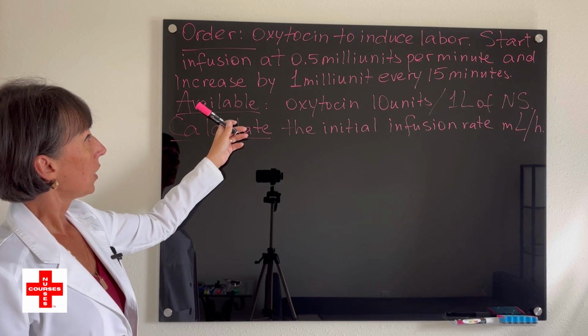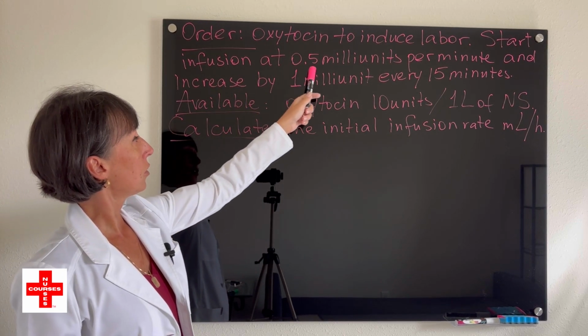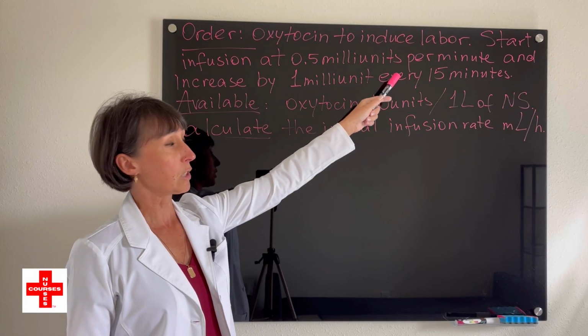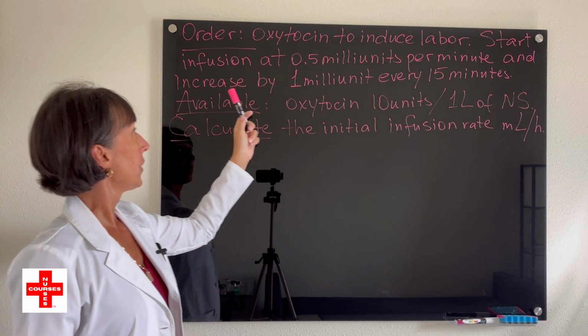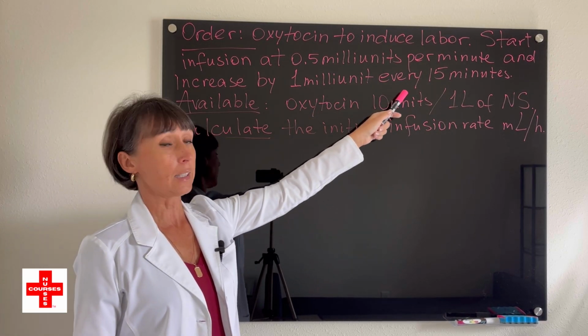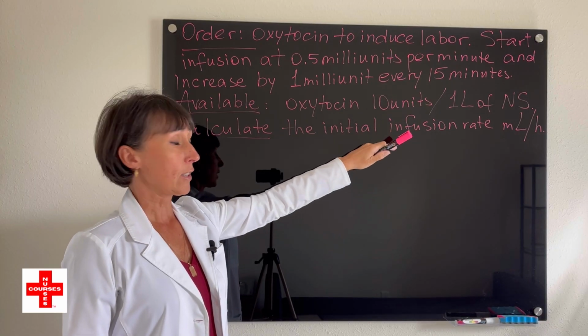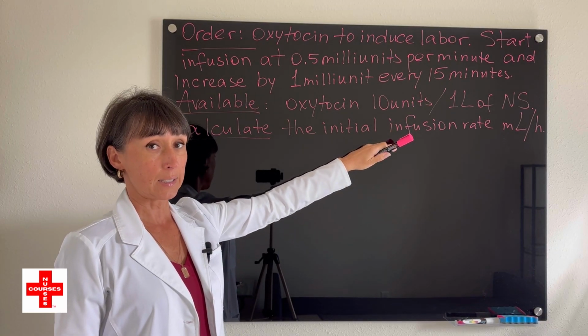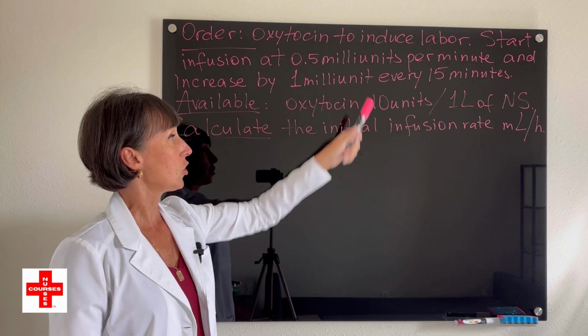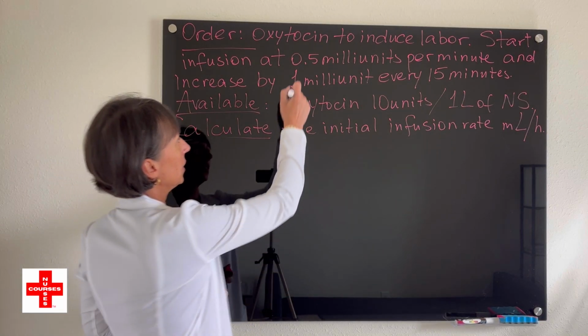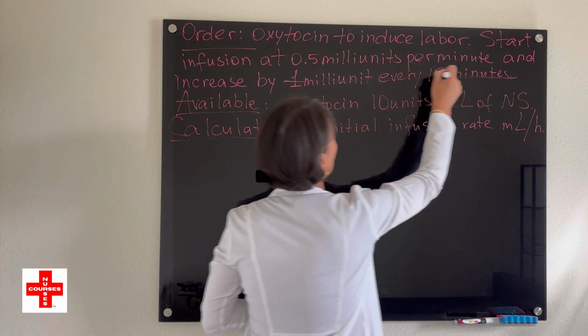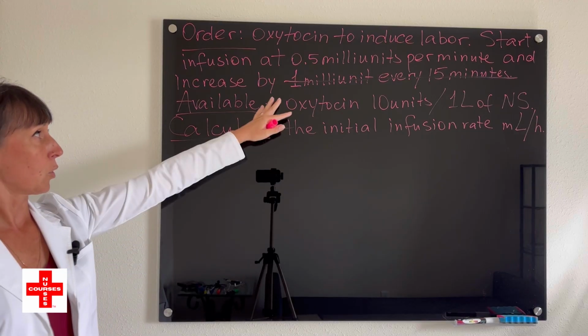So this is the initial infusion rate, 0.5 milliunits per minute. And this is how we will be increasing that rate. Question is not asking us about increasing anything. So this information right away becomes irrelevant. And we can erase it and not worry about it.